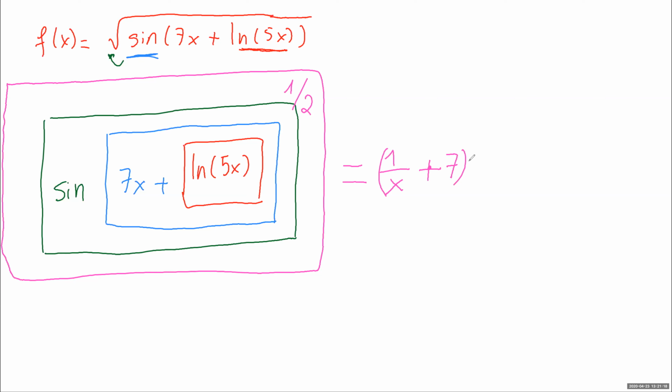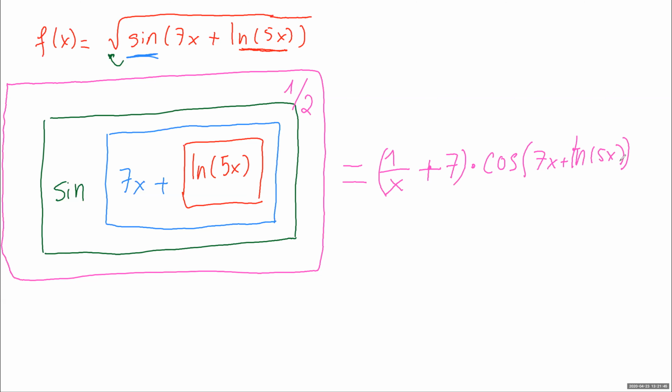Okay. And so I'm done with the blue box. I go out to the green box. So to find the derivative of sine, it's just going to be cosine. And then the terms inside of the cosine has to be the blue box, which is 7x plus natural log of 5x.